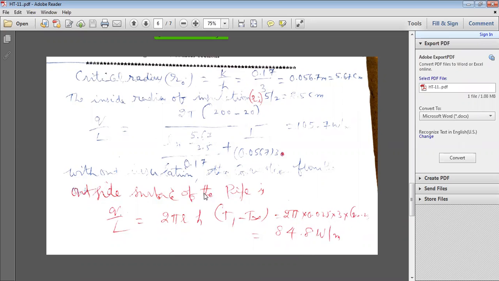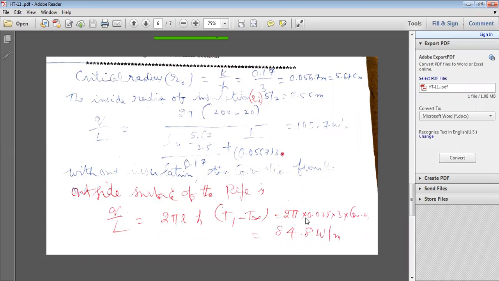So if there is no insulation, you have to calculate the heat transfer rate per unit length, that is the convective heat transfer rate, h A delta T. The area is 2 pi R L. If there is no insulation, there is only one R, the radius of the pipe. That's why it is 2 pi R into h into (T1 minus T free stream).